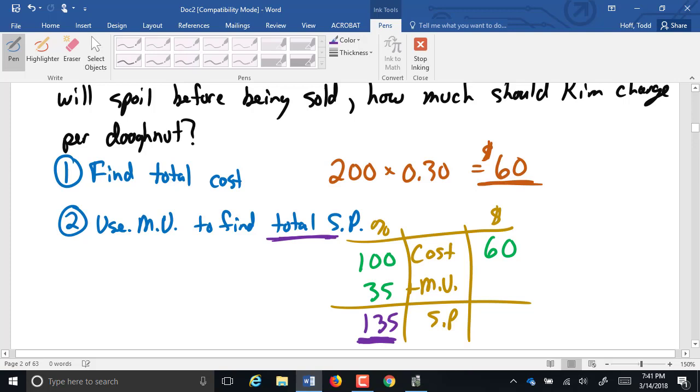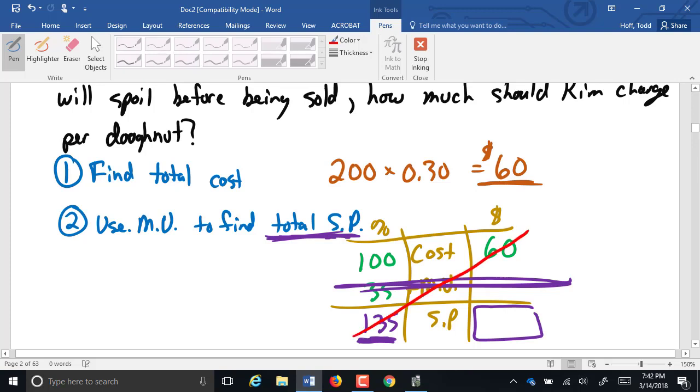And we are looking in step 2, we are always looking for the total selling price. So we're looking for this number here. We will ignore the middle row. What's next?